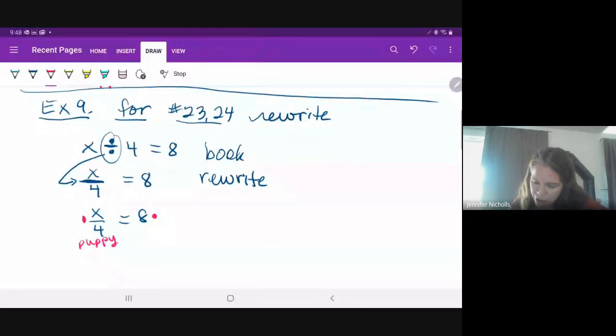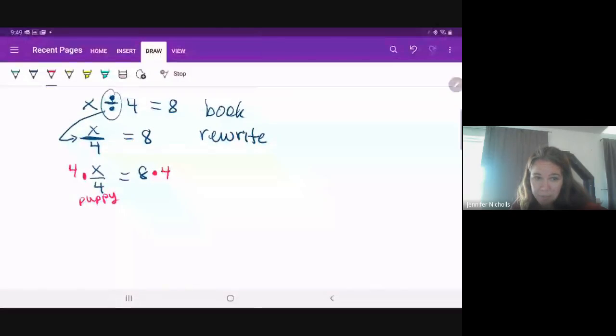So the puppy is under your feet, and in order to get rid of the puppy, you put the 4 at the top. Okay, and when you put the 4 at the top, you have to be real careful, the 4 has to be middle or higher. You can't put the 4 like with the other 4.